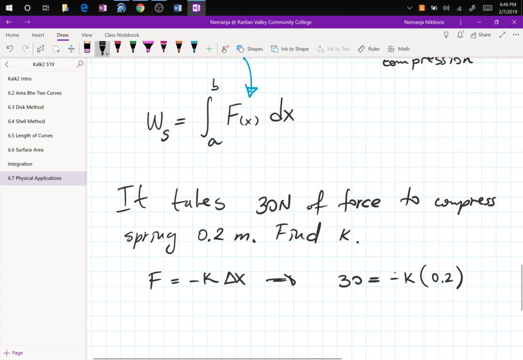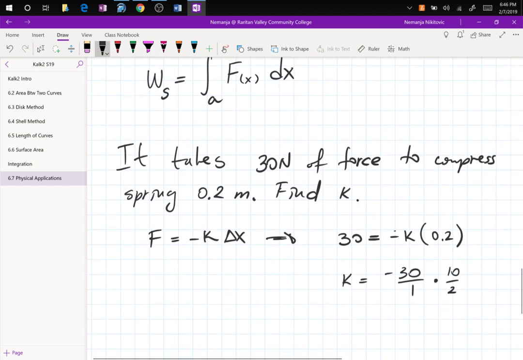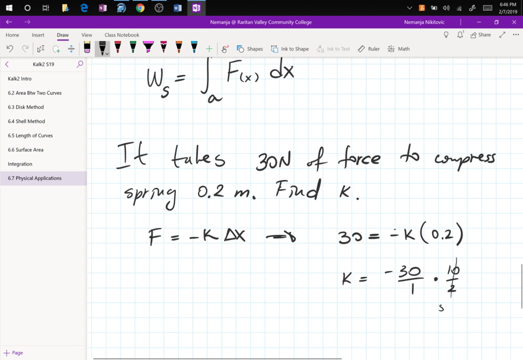So now k is equal to negative 30 divided by 0.2, so that's times 10 over 2, which is 5, so negative 150.